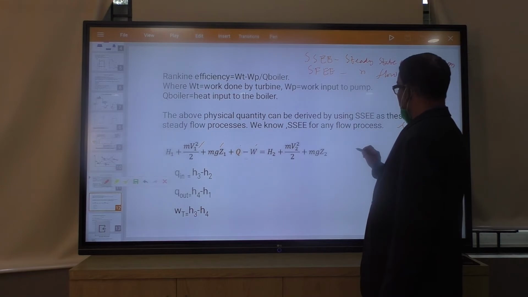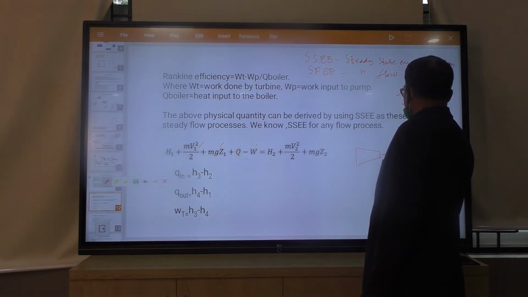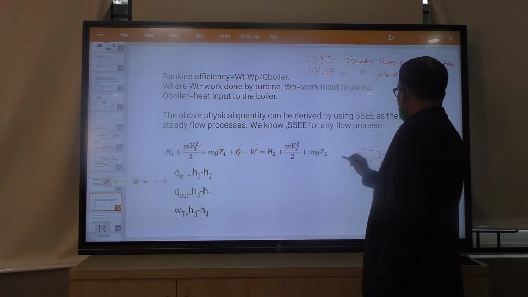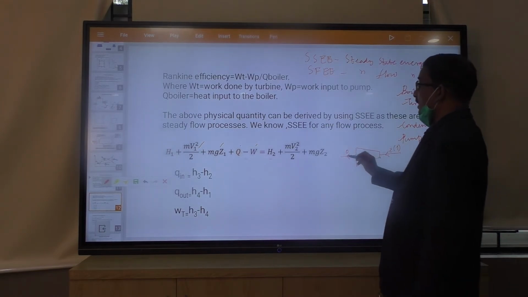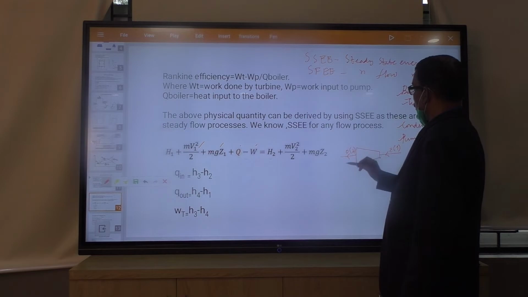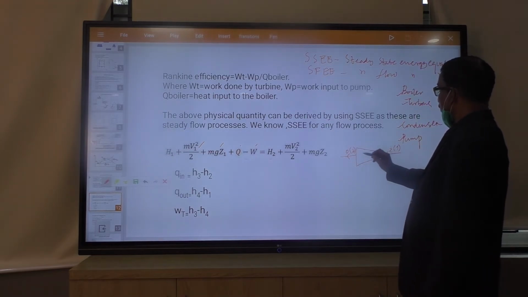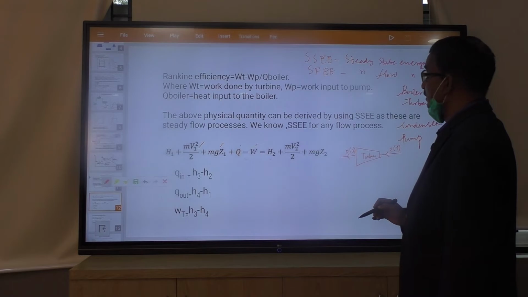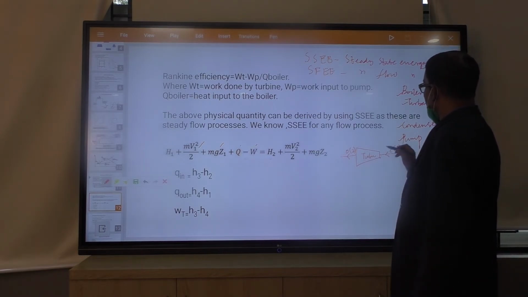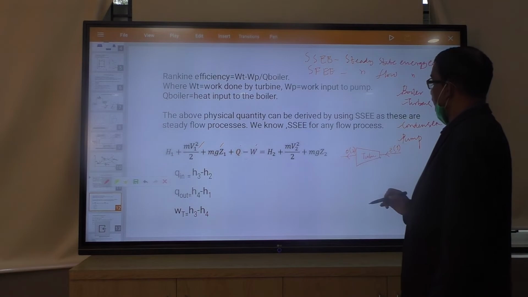Suppose this is your turbine. This is inlet and this is outlet. So you can say inlet as section 1, outlet as section 2. This is the turbine. You know in turbine, expansion takes place, so area increases. So total energy at inlet is equal to total energy at outlet.